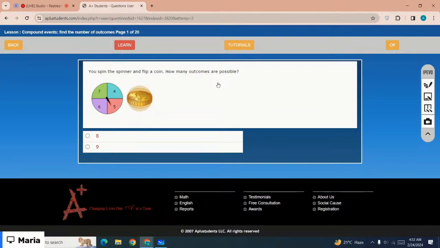For the spinner, you have four outcomes, right? And for the coin, you have two outcomes. So 4 times 2 is 8. The total outcomes are 8. Very good. The correct option is 8.